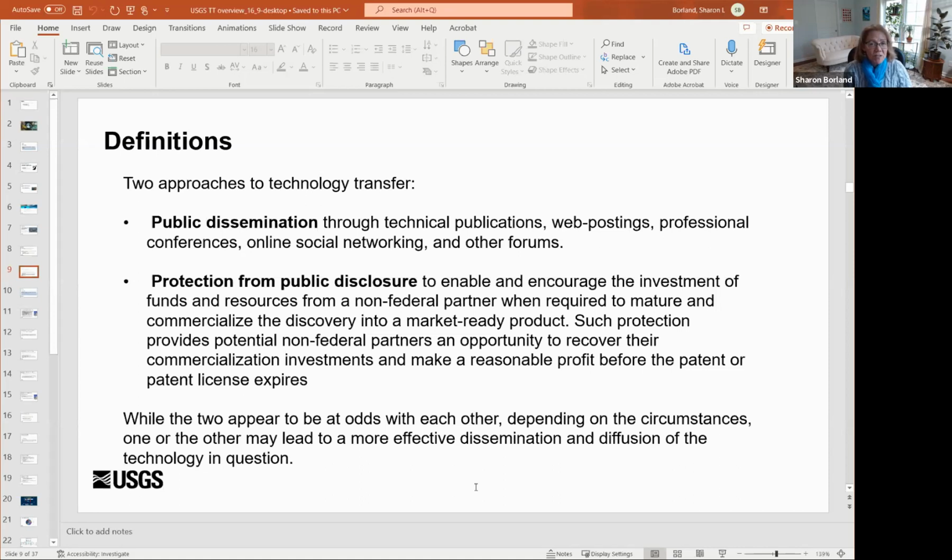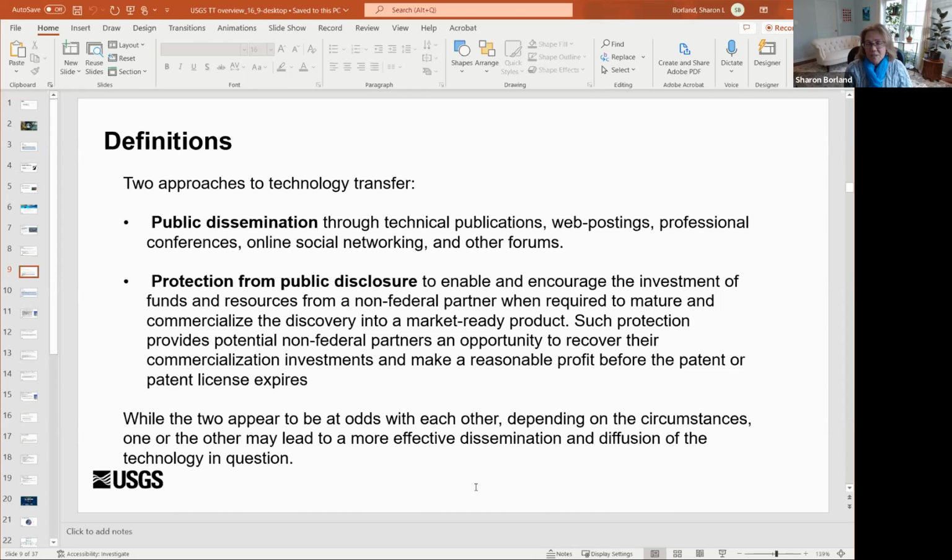Another approach is the one that we're going to cover here in this briefing, and that is the approach in which we might protect from public disclosure certain types of information, such as inventions or proprietary information, perhaps that another non-federal entity might provide within the scope of a technology transfer agreement. This is done to enable and encourage the investment of funds and resources from a non-federal partner, especially private sector corporations or companies.